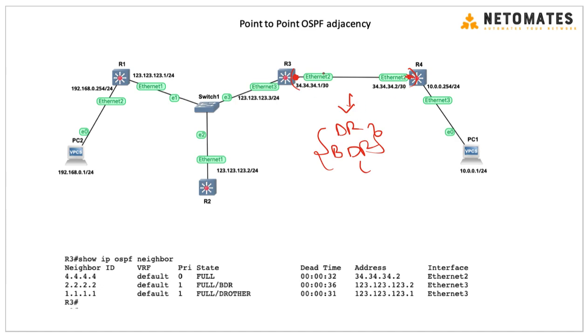If you don't configure anything, by default OSPF will assume that it is a broadcast network with DR and BDR, so it will try to do all these election processes, but this is not required for a point to point link. So that's why when you verify the status from R3 for 4.4.4.4, it's not showing anything, because I configured it as a point to point link.